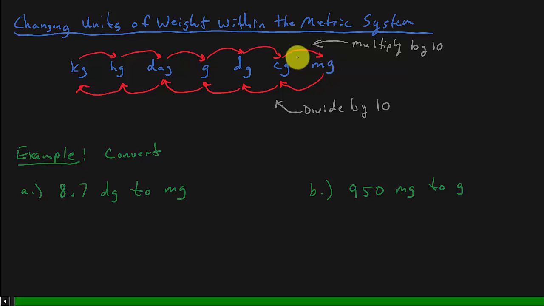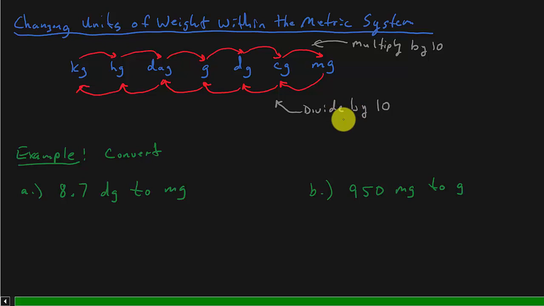However many places you have to move to the right, that's how many places you move the decimal, which is the same as multiplying by 10 each time. If we have to go to the left, we move the decimal one place to the left each time, which is the same as dividing by 10.